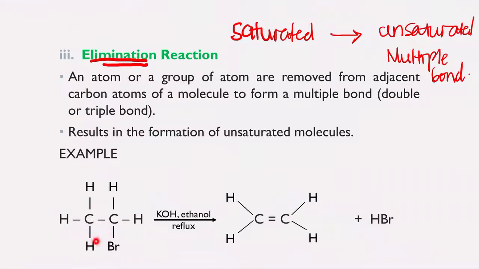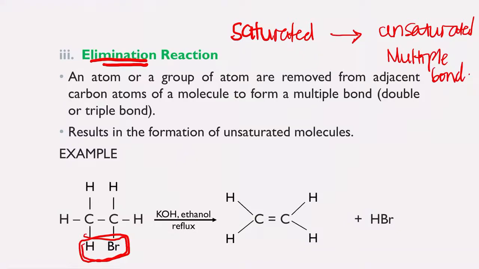Okay, contoh, let's look at this reaction down here. So this is your saturated compound. Okay, saturate syarat dengan atoms. Ada 4 single bonds at each carbon. So when you undergo elimination reaction using ethanol and potassium hydroxide under reflux, reflux maksudnya awak at high temperature, you will be able to remove this HBr right here.